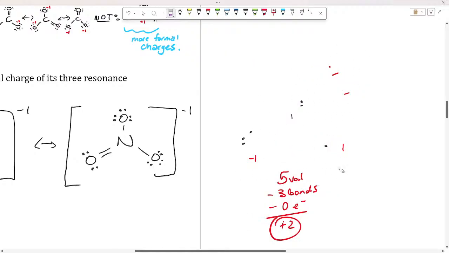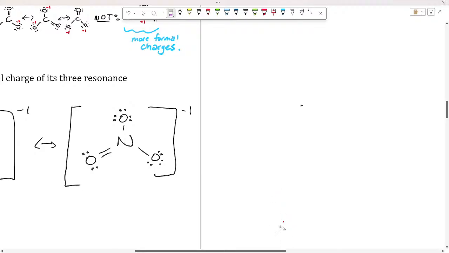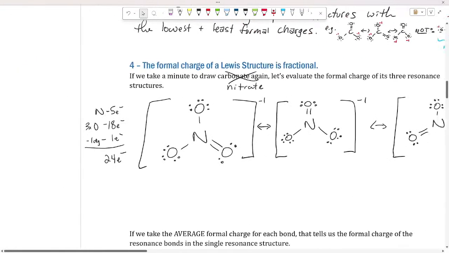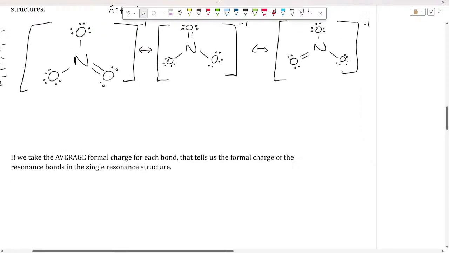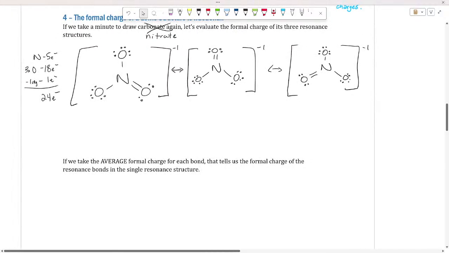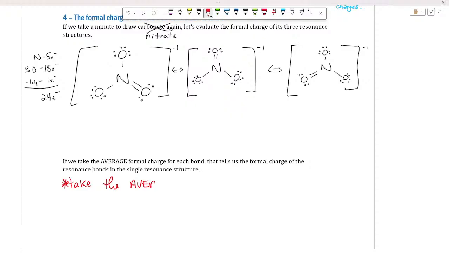So if there's only 3 valid structures, now if we want to find the formal charges, the easiest way to do so is just take the average formal charge for each atom in the valid structures.